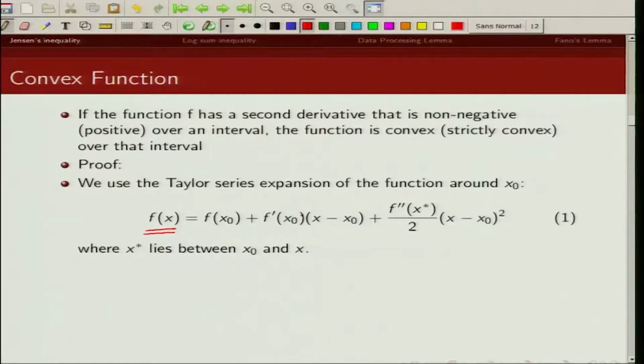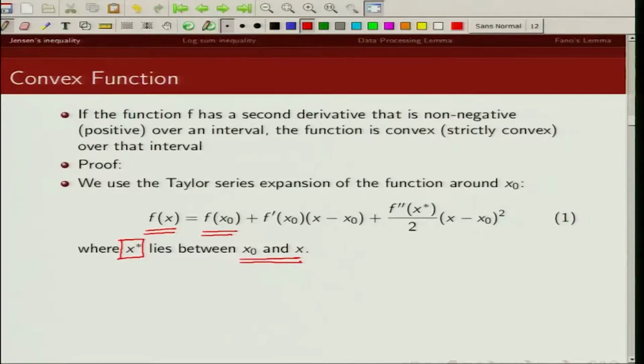So Taylor's series expansion, I can write as f of x naught plus the first derivative of f evaluated at x naught times x minus x naught, plus the second derivative of f evaluated at some x star divided by 2 times x minus x naught squared, where this x star point lies between x naught and x.